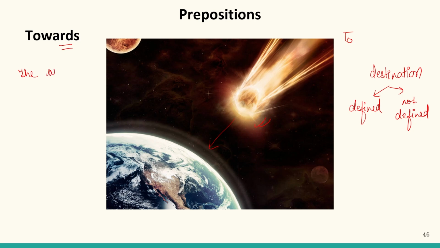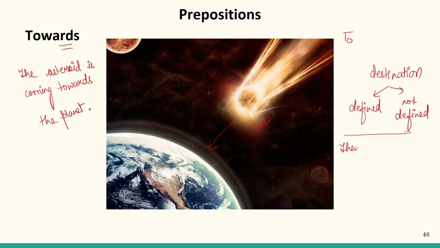For example, the asteroid is coming towards the planet. But maybe it will change its position.